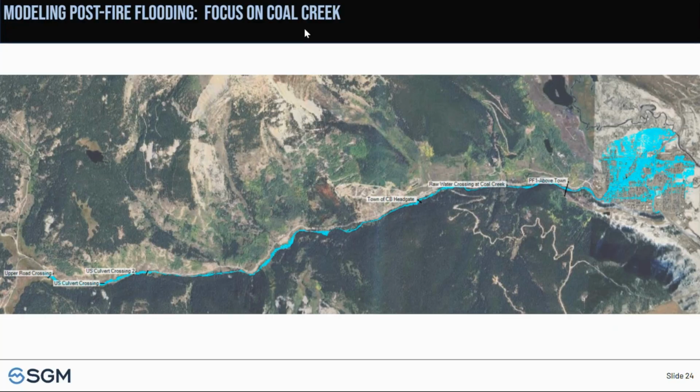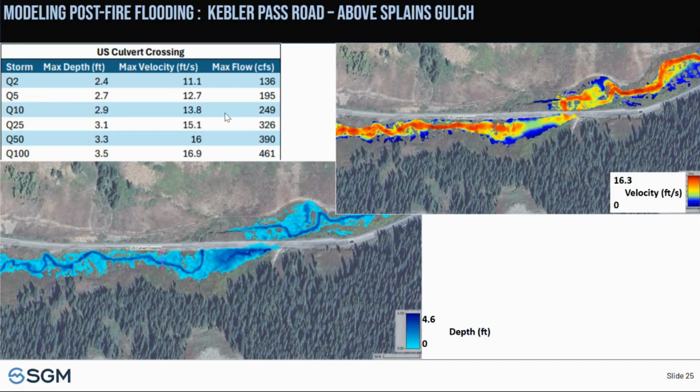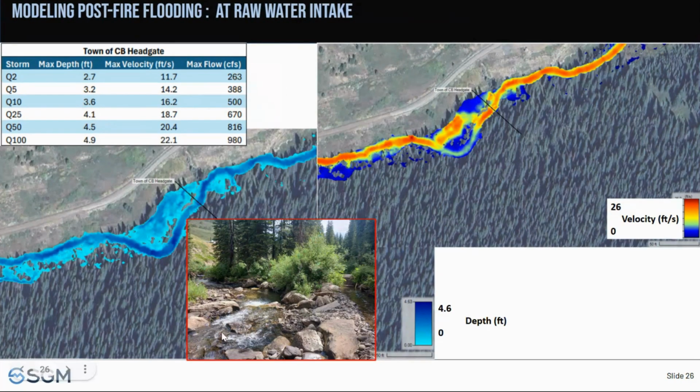So for example, this is Coal Creek and here's the town's intake on the south side of the creek, north facing.